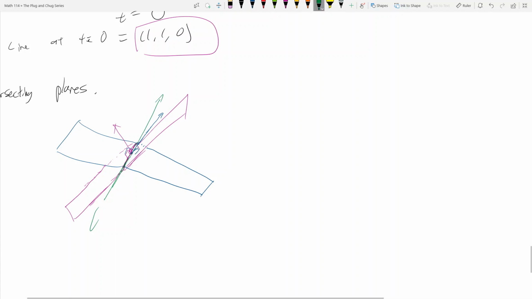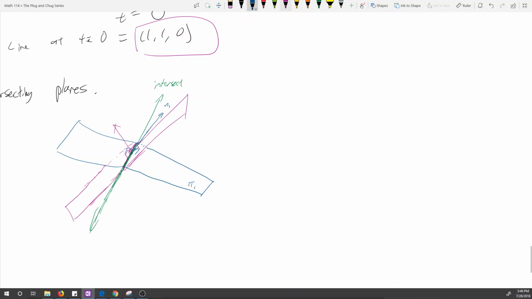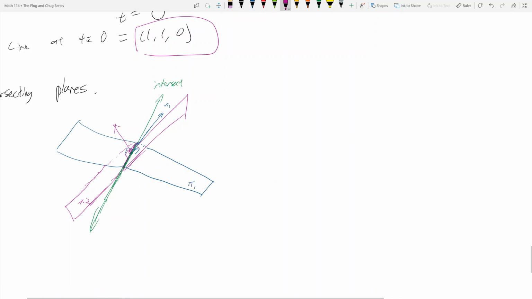I didn't draw this very well, but these normals are going to be perpendicular to the green line, the line of intersection. This is the intersecting line. This is going to be the normal of plane 1, so let's call this pi 1, and this is going to be the normal of pi 2.